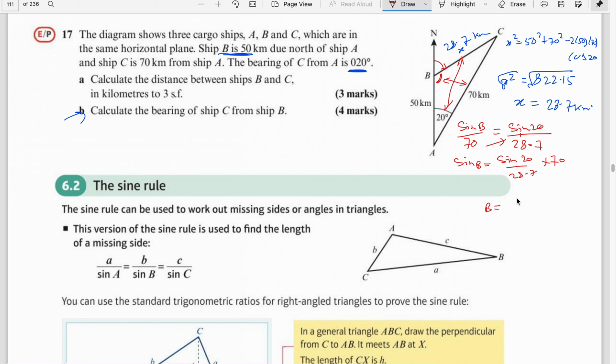I'm getting 0.83. So sine inverse of 0.83419, shift sine on the calculator, is 56.5.